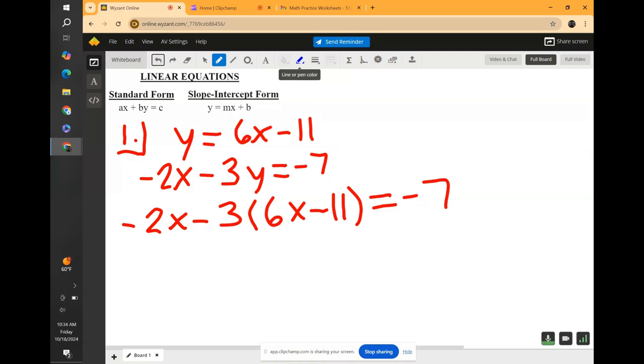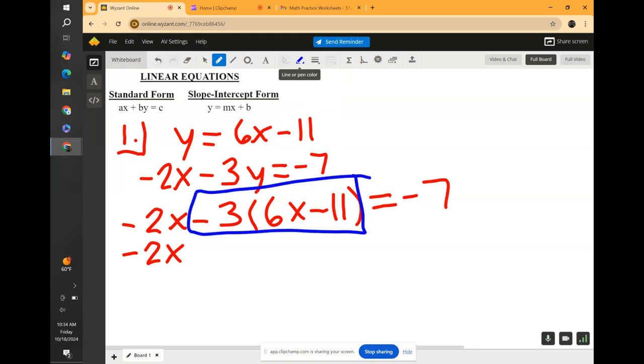So let's go ahead and solve this. We have the negative 2x. We're going to just repeat that here, not do anything yet with that. On this portion, we're going to do some multiplication. We can distribute this negative 3 to each one of these terms in the parentheses.